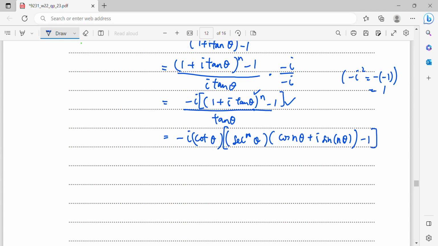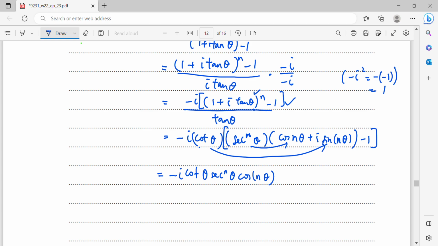All right, so now we need to do expansion. So here we expand together with the minus i cot. I will get minus i cot theta, secant to the power n theta, cos n theta. Okay, then all this multiply with the i sine n theta.